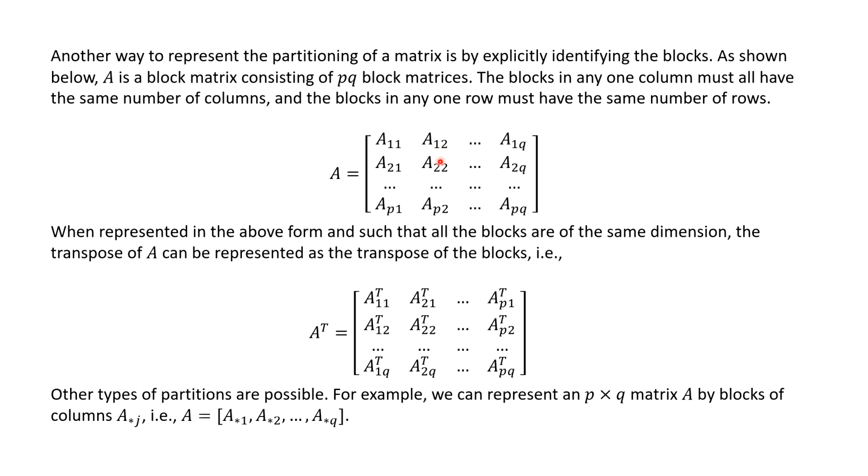So for example, each matrix in this column has to have the same number of columns. Same here, although the number of columns for these blocks could be different than the number of columns for the blocks in another column of blocks. And you have the same condition for the rows.